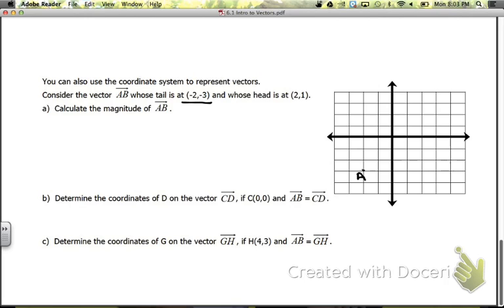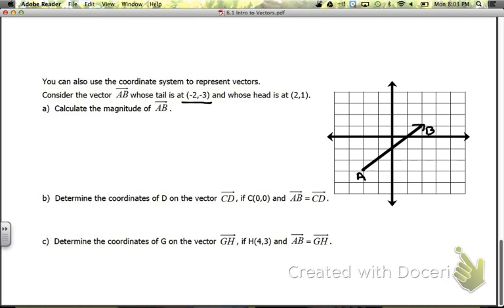So we go over 2, up 1. So that's going to be our B. Okay, here we can actually connect these two. Be sure to include the arrow, okay, on the tail of it. So A is our head and B is our tail here.